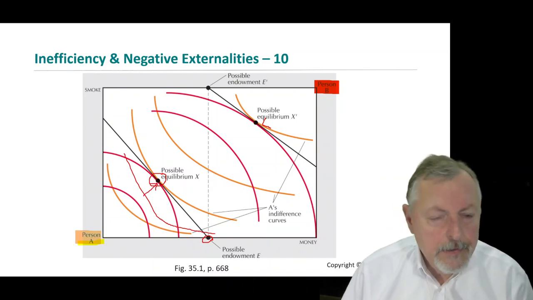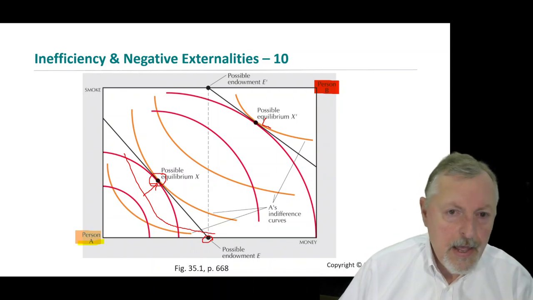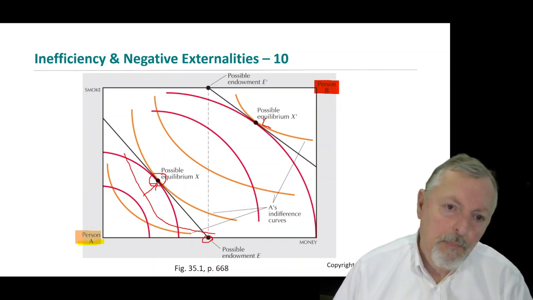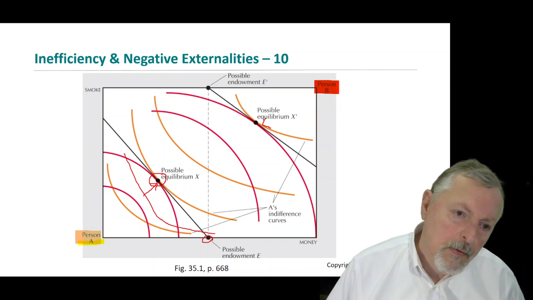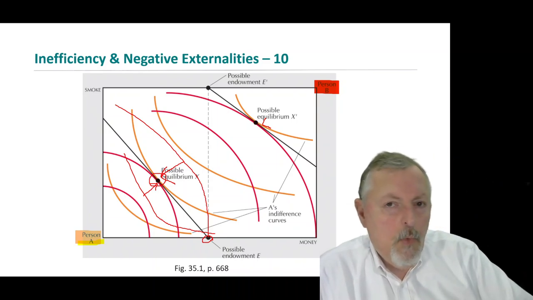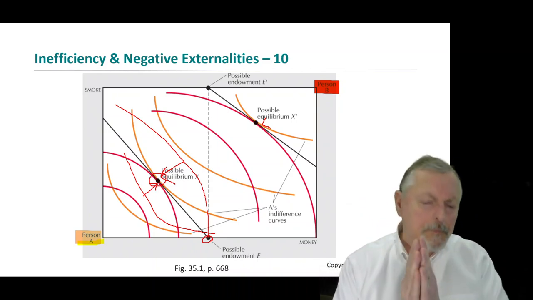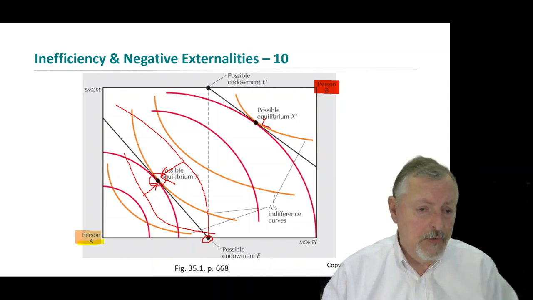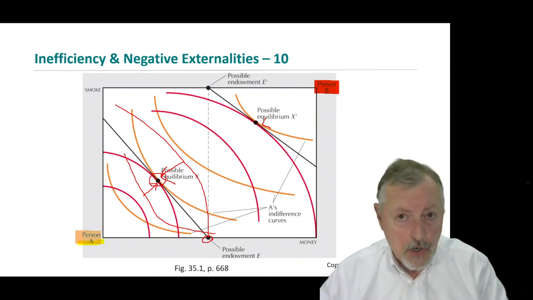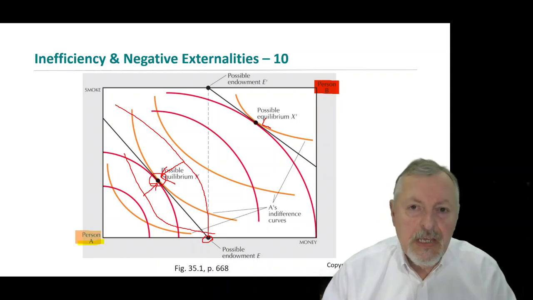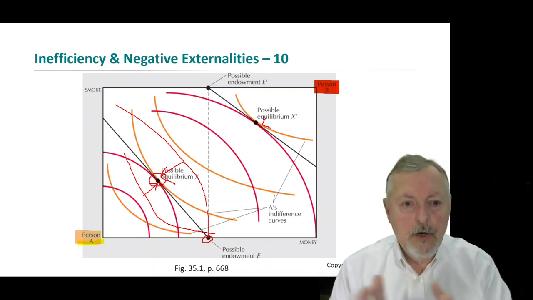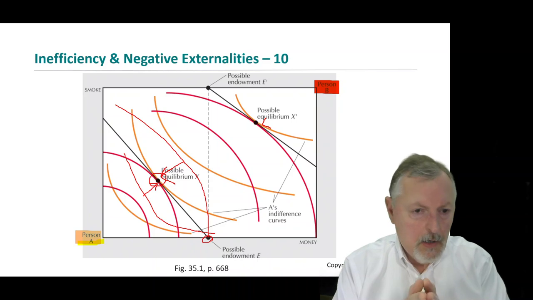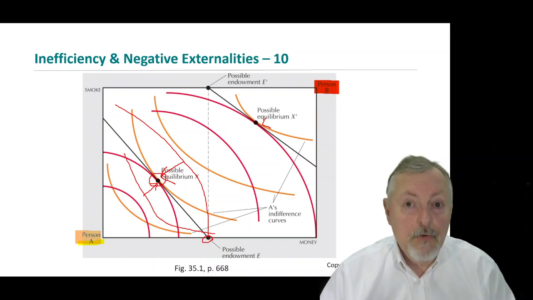I'm keeping it in red because why not? And for person B, it takes them from that indifference curve up to that one. So no matter who has the initial endowment, whether person A has all of it or person B has all of it in terms of smoke, either way, they can negotiate to an equilibrium that is better for both of them.